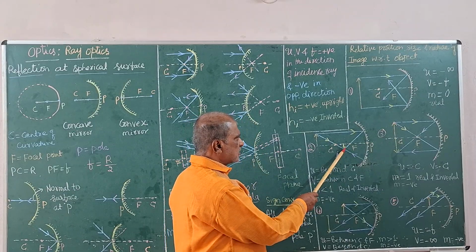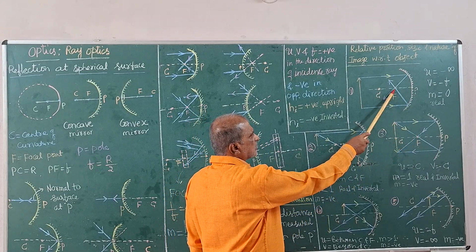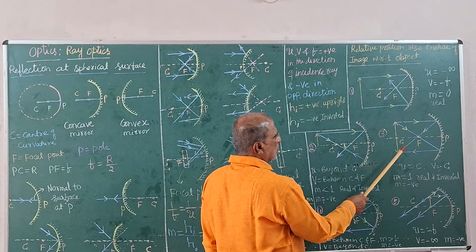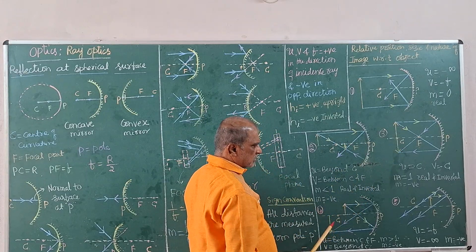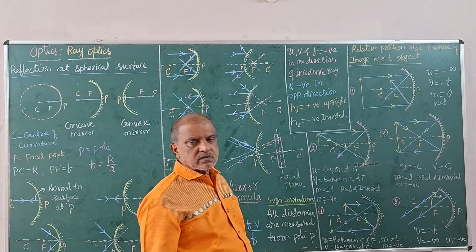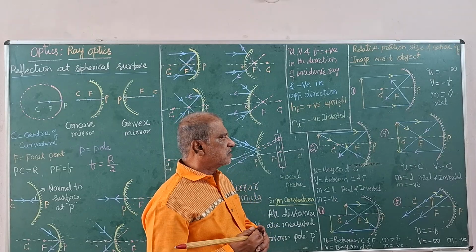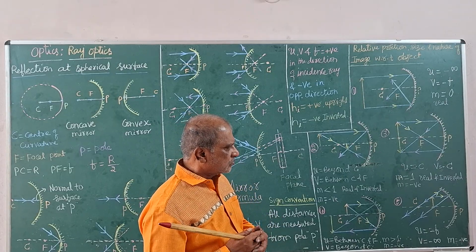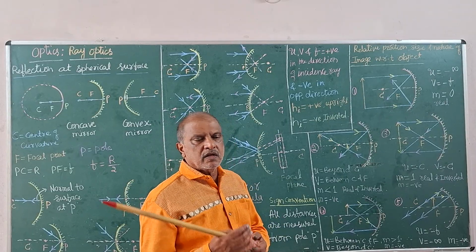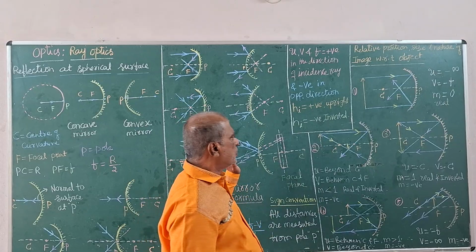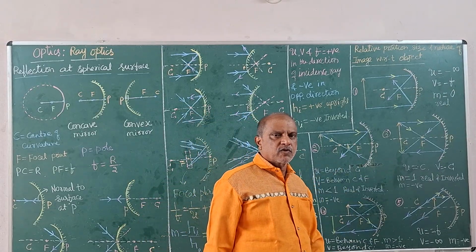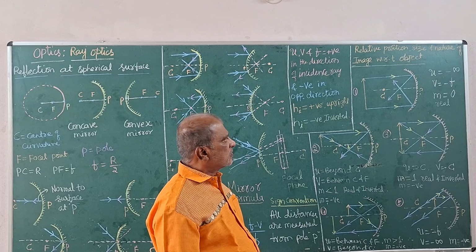So the size increases from a point size to this size, and this size, and this size. The image becomes more and more enlarged. It increases in size as the object moves closer to the concave mirror. So that is what we understood.